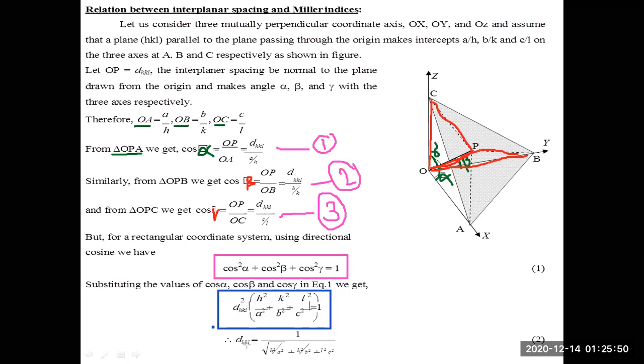So when you simplify it, d_hkl is equal to 1 by under root of h square by a square plus k square by b square plus l square by c square. Now this is the interplanar spacing derivation for finding the interplanar spacing of any crystal system.